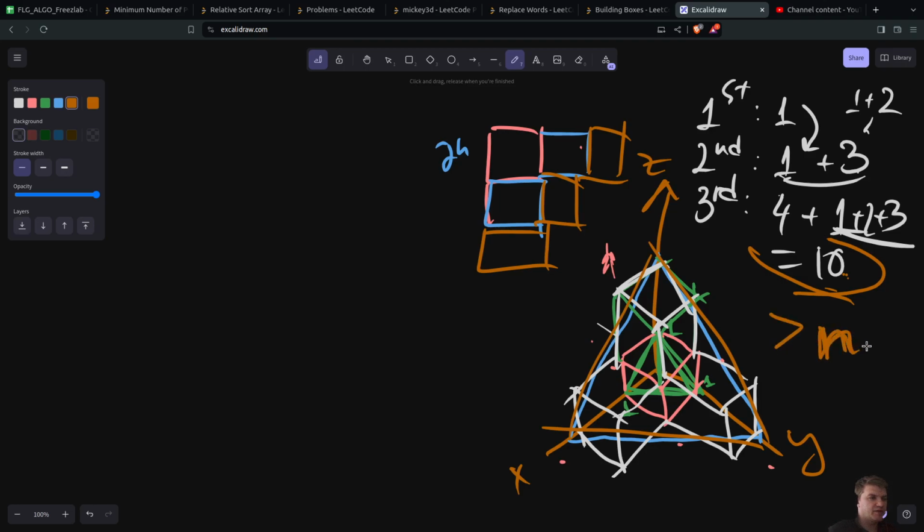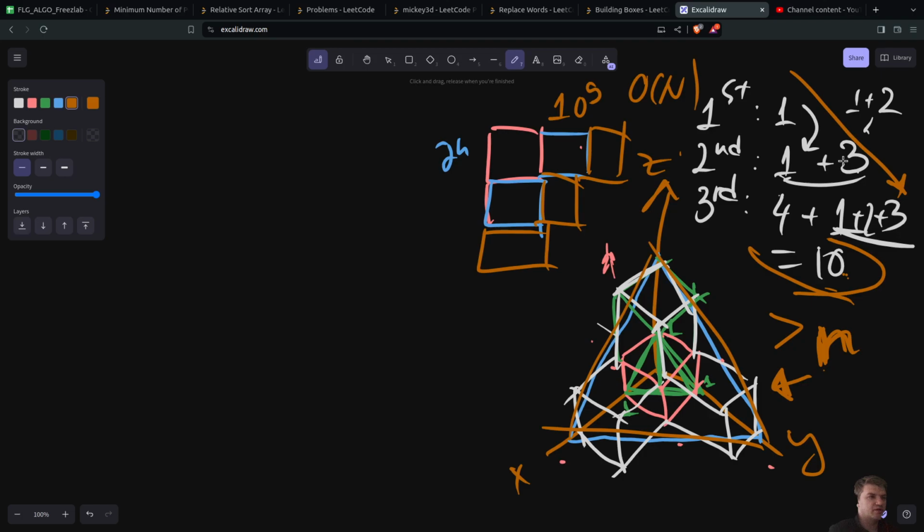And if it's greater than n, it means that I need to go to the previous level and use it as a base for further checking the number of boxes that we need to add. This trick will help me get rid of this 10 to the 9 complexity.